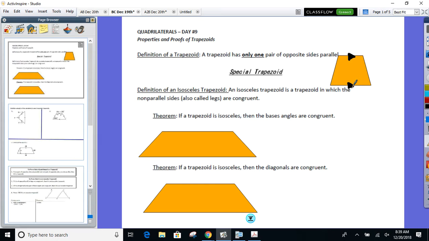Our focus today is going to be on the souped up version. All right, version 2.0, which is the isosceles trapezoid.